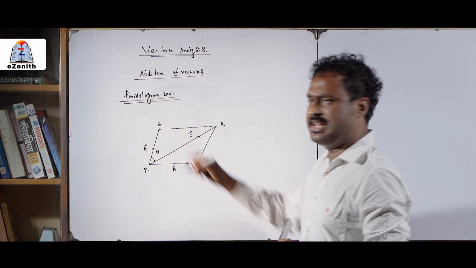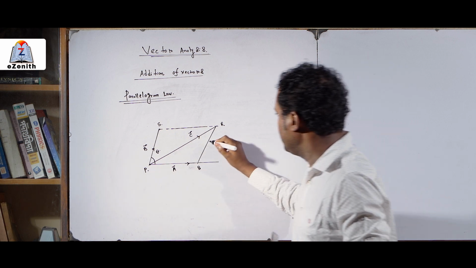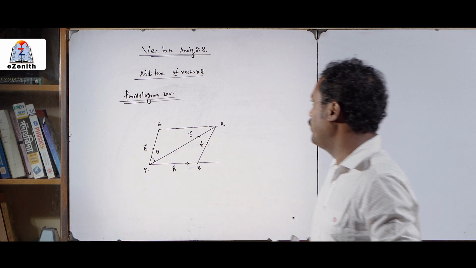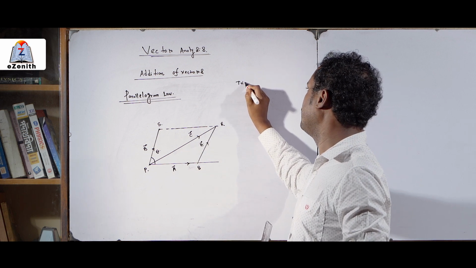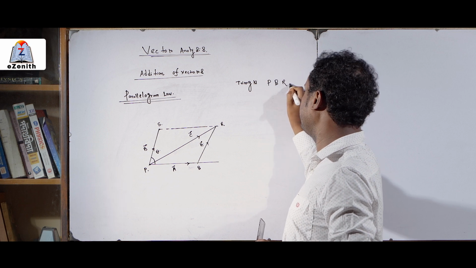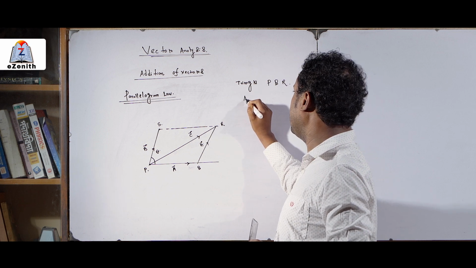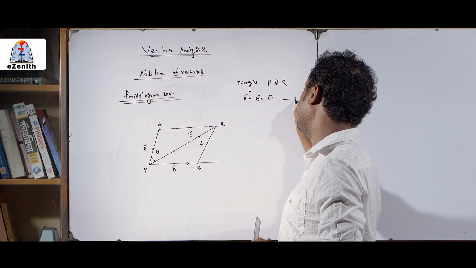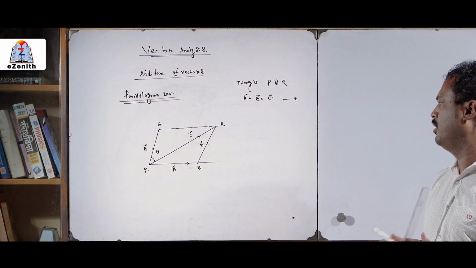Why? Because if PS vector is B, then QR vector is also B. And from triangle PQR, A vector plus B vector is equal to C vector. That is very simple, the triangle.